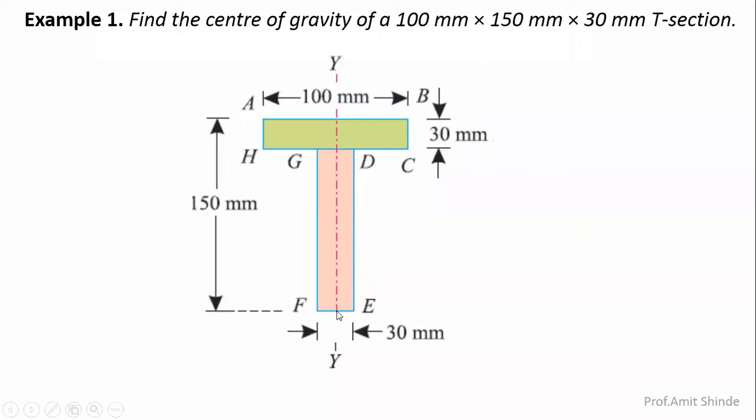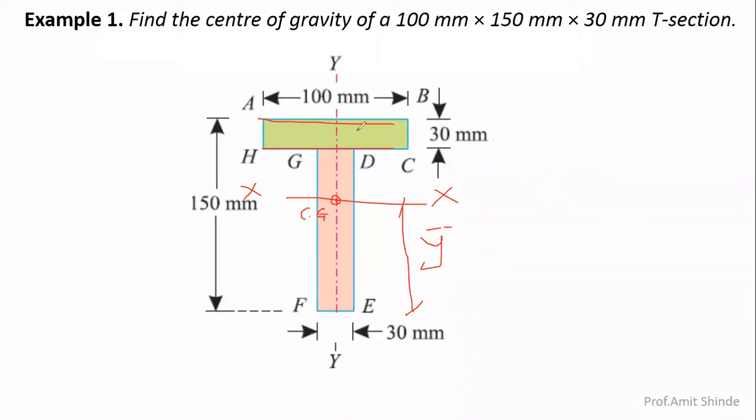Only what we have to find out is the x-axis location. Either this x-axis is located at the top, at the mid, or anywhere over here. This location of the x-axis is nothing but this distance, which is called y bar. If we find the y bar, it is easy to find the location of the CG of that particular figure.